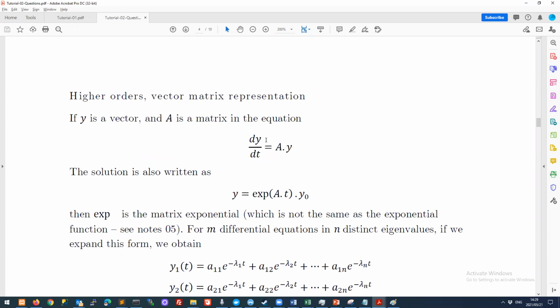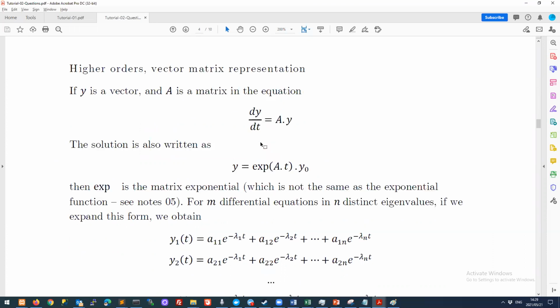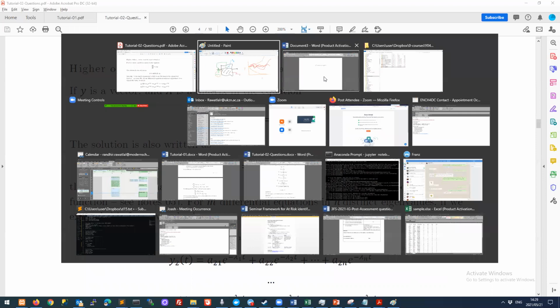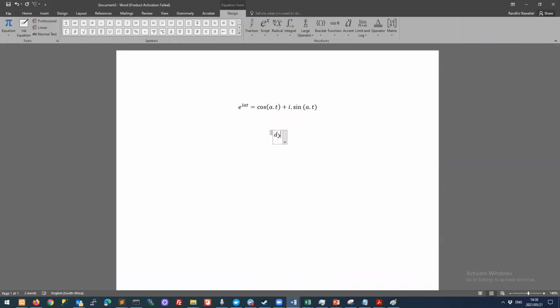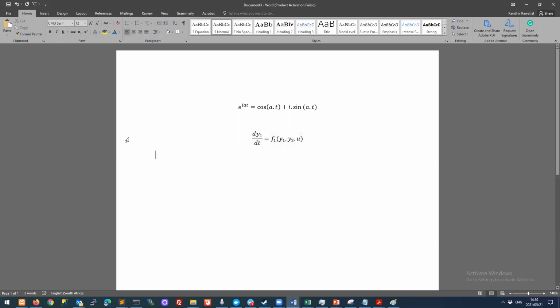Now we want to consider what if y is actually a vector of equations. I'm not showing it here, but I mean a situation like this, where we have dy1/dt is f1 of y1, y2, and of course u possibly, and then we have a second equation with that.